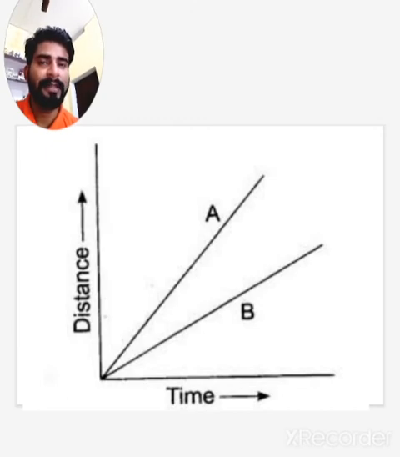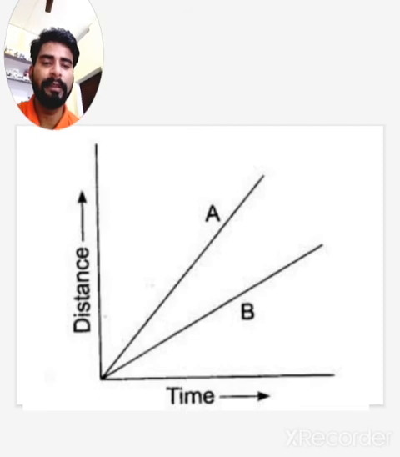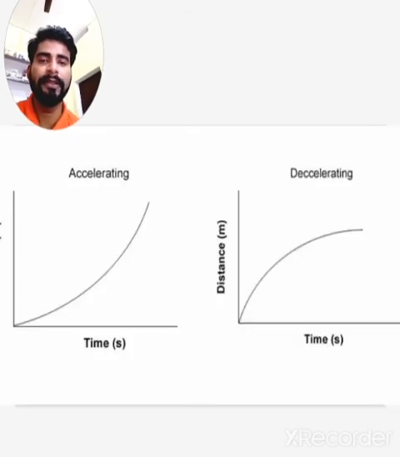A larger angle shows a larger slope. So body A is faster than body B. This picture shows body A is faster than body B, because the angle of body A is greater than that of body B.